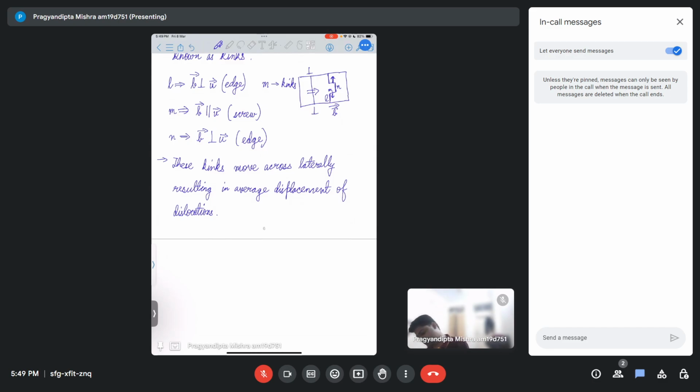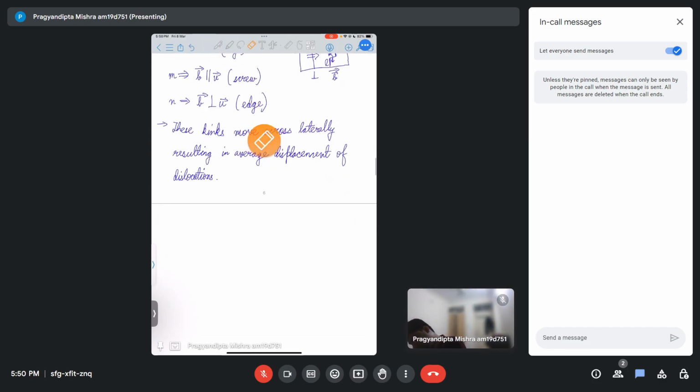So let's write that down. Dislocation reduces energy by eliminating sharp corners.